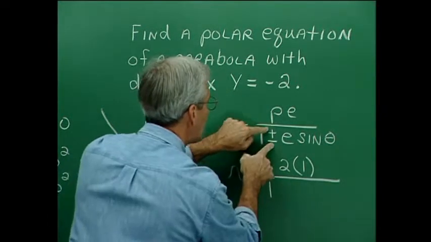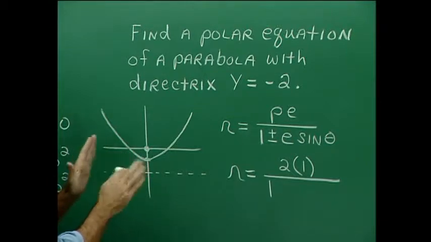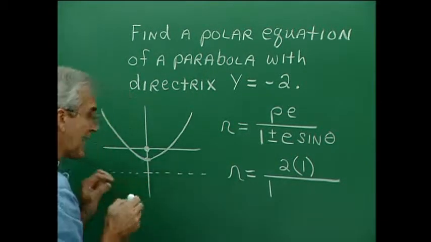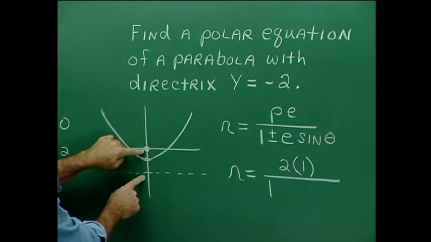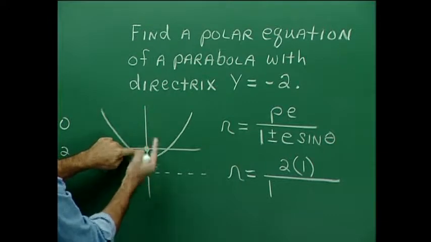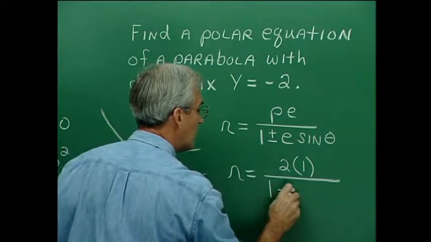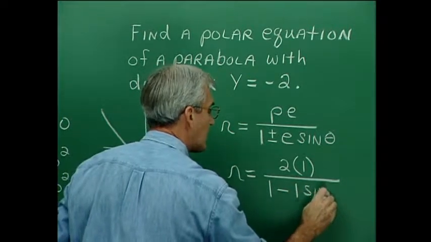And then now what about plus minus? Well, the plus minus tells us the direction or where the directrix lies from our focus point. It lies below and therefore we're using negative. If it were to lie above, we would be using positive. So it is minus an eccentricity again of 1 times sine theta.